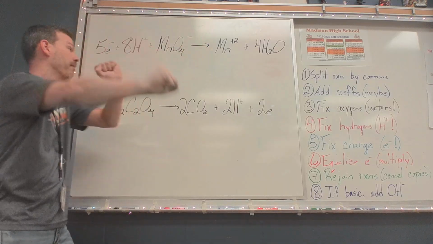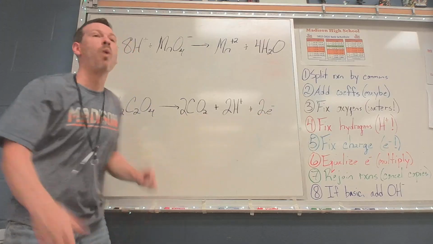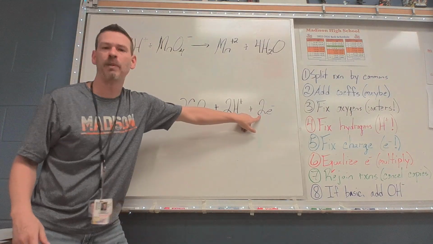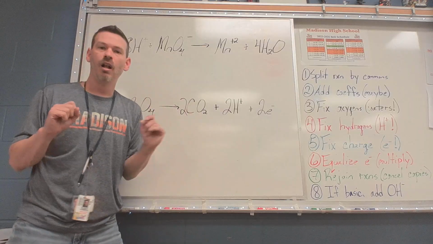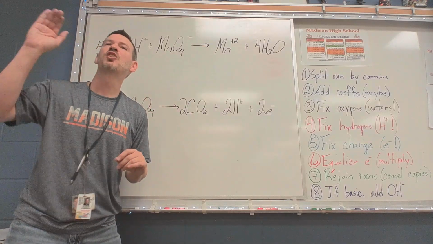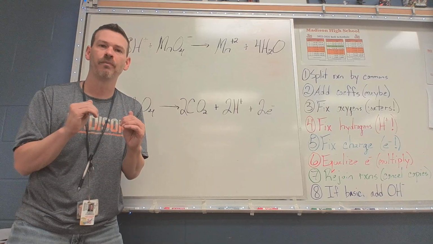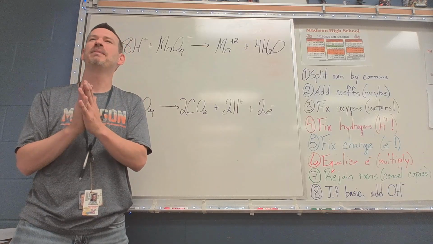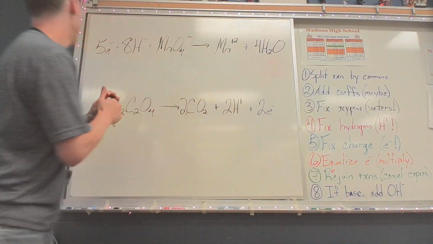Here's what I'm thinking. That number and that number need to be the same. I can't make a 2 become a 5, right? 2 times nothing equals 5 using whole numbers. So, what is the lowest common multiple of 5 and 2? We need them to both become 10. So what do we do? Well, watch. See this top reaction?